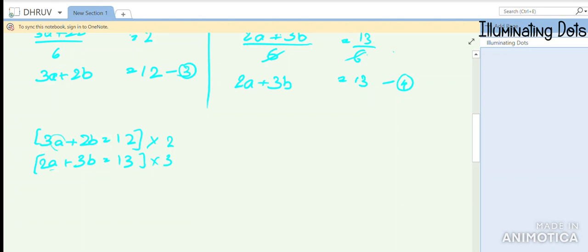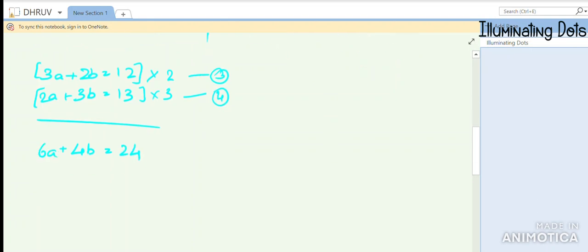So I will multiply the third equation by 2 and the fourth equation by 3. So I get 6a plus 4b is equal to 24 and 6a plus 9b is equal to 39.